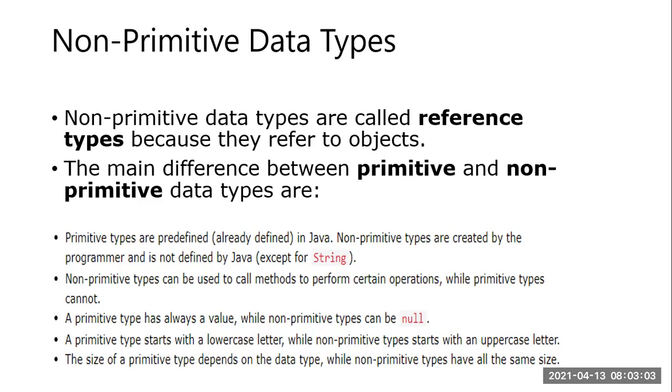Non-primitive data types can call methods to perform certain operations. Primitives can't. We can't access anything. Only after the creation of the object can we reference each and every thing inside it. But if we can't create an object, how can we call? In the case of primitive data types, we can't create an object, so we can't have any access or reference there.